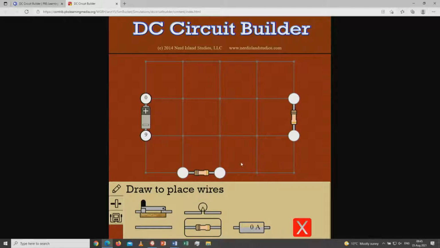So I am thinking of having a switch somewhere there, and then connecting an ammeter here, and then another ammeter there. Then I think I can have connecting wires.